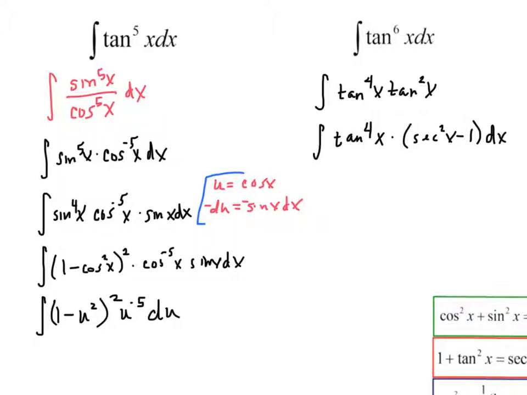Okay? Multiply that in. I've got the integral of tangent to the fourth secant squared minus the integral of tangent to the fourth.